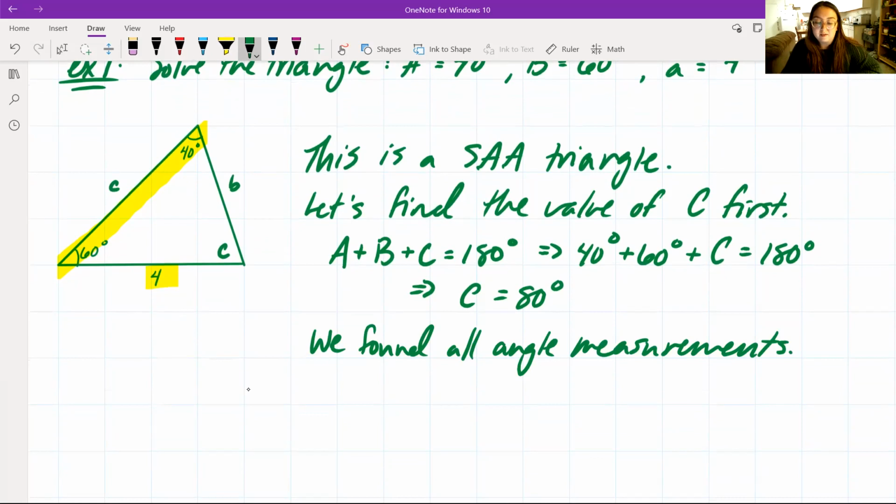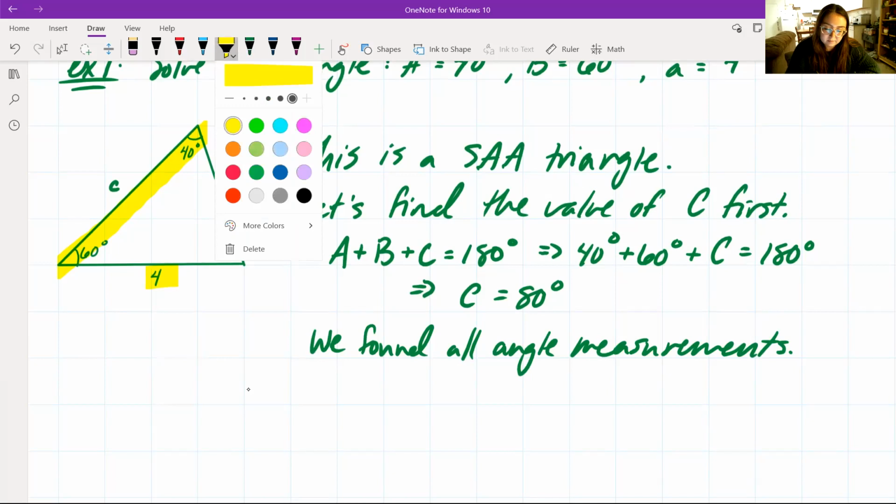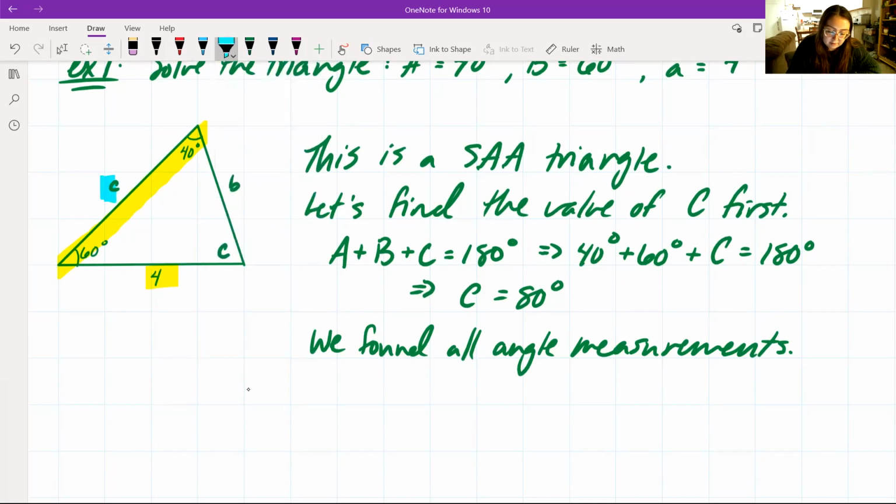Now we want the side values. So now we're looking for lowercase c and lowercase b, since we saw that uppercase C was 80 degrees.